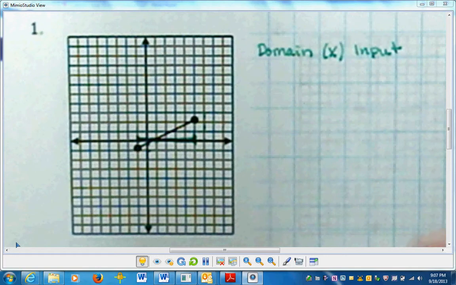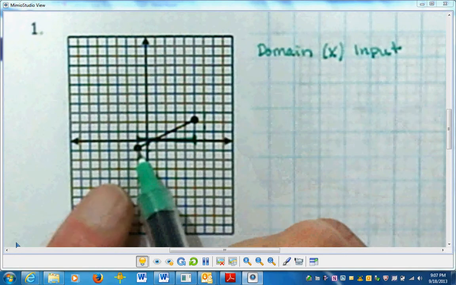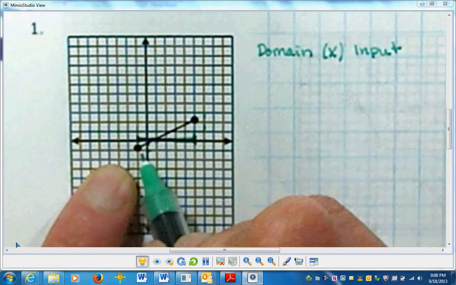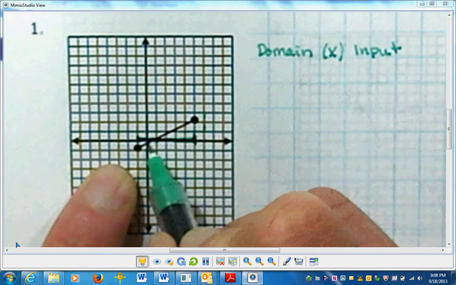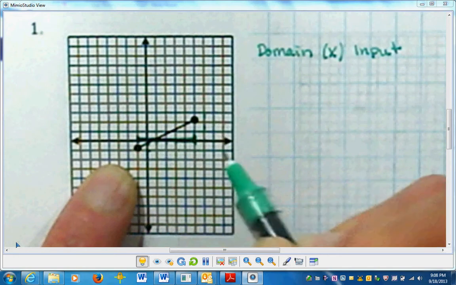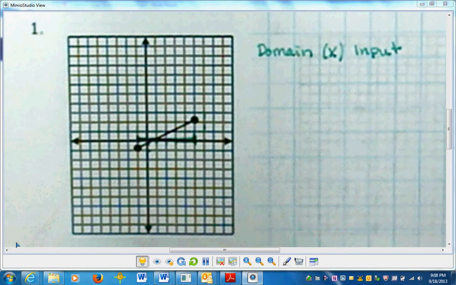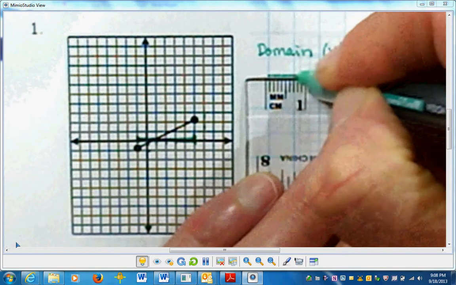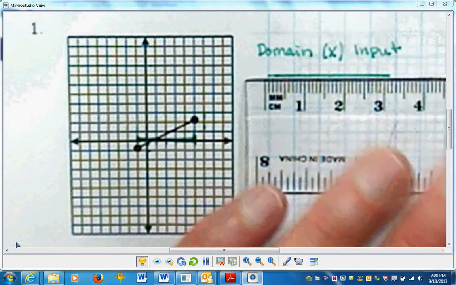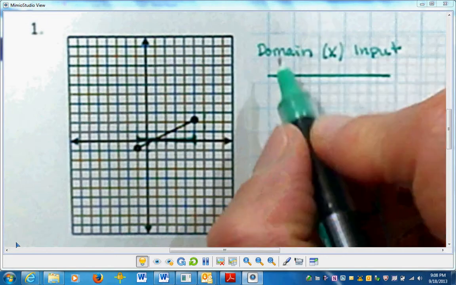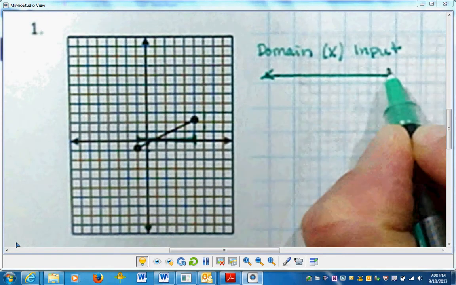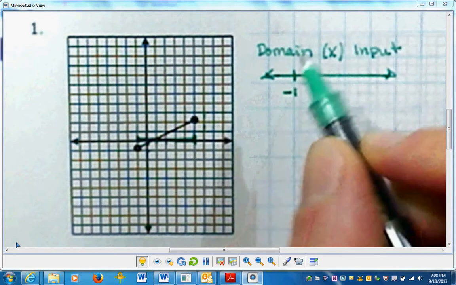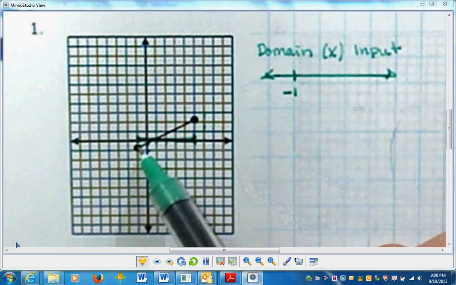So that means that my domain goes from where x equals -1 all the way out to 1, 2, 3, 4, 5. So to make this a little clearer, I'm going to draw my x-axis. There's my x-axis, just by itself. And I start at -1. That's where my function begins, where x is -1.